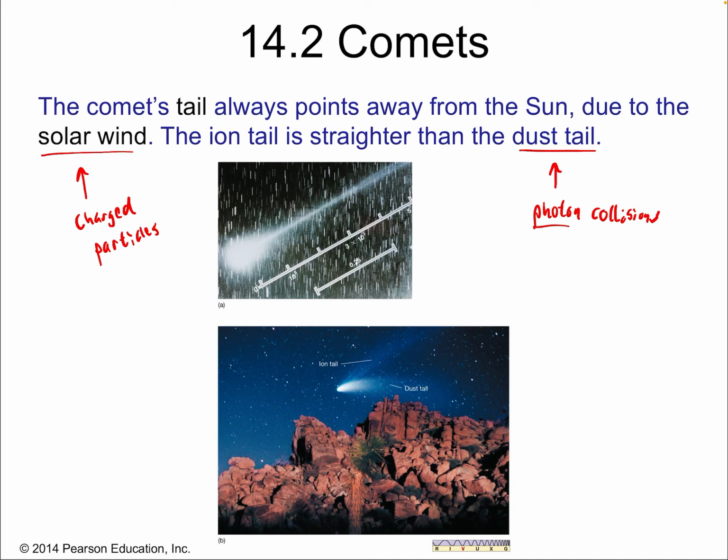So that means that the inertia of the dust makes it so that that tail isn't pointing directly away from the sun. So for example, this is a wonderful example of that idea. We can see the ion tail pointing really directly away from the sun, and the dust tail having more of that being dominated by the inertia of the dust particles, but still being gradually pushed away from the sun.